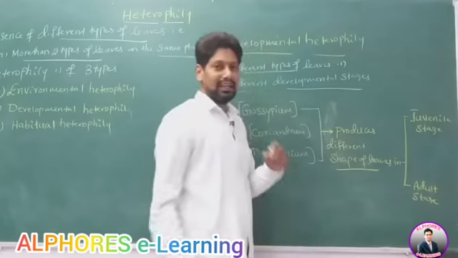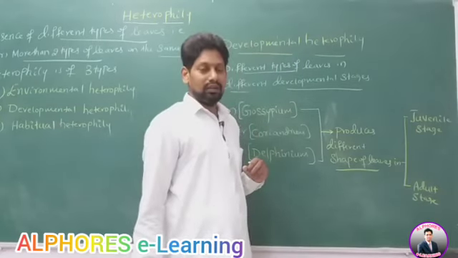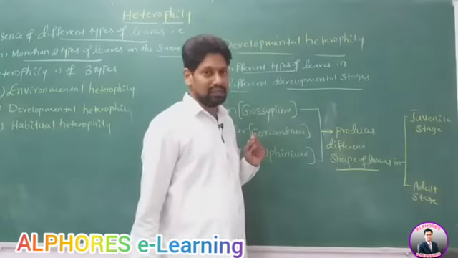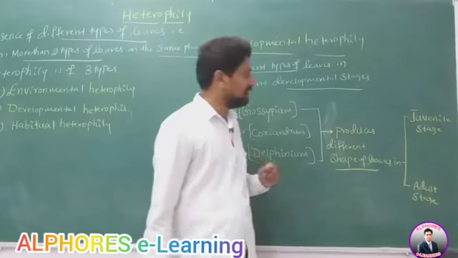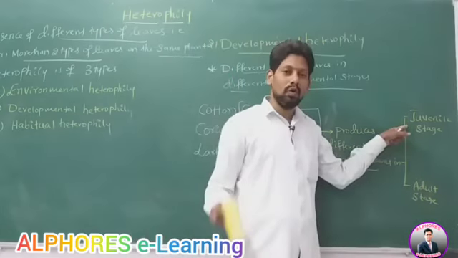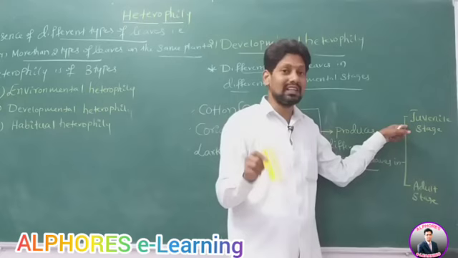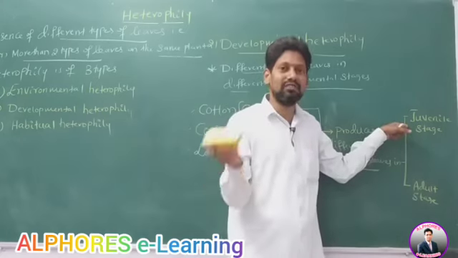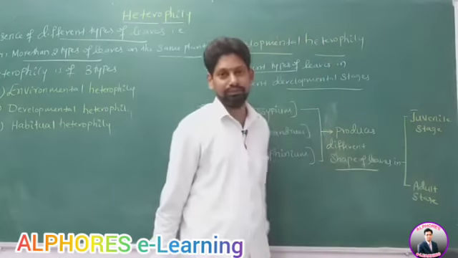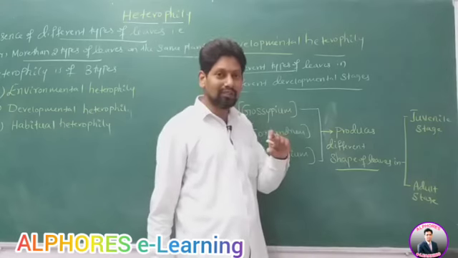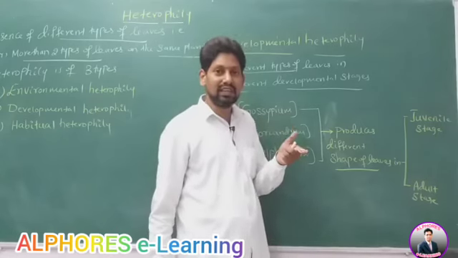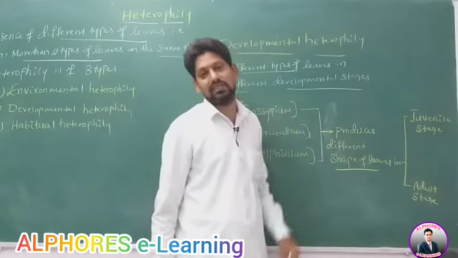It means take one plant. For example, take a cotton plant. In a cotton plant, in the juvenile stage, what is the shape of the leaf? The same shape won't be there for the leaf in the adult stage. It means the shape of the leaf differs if the stage of the plant differs.